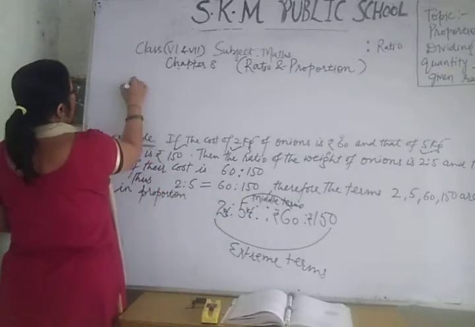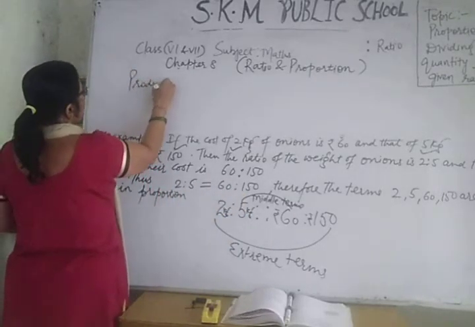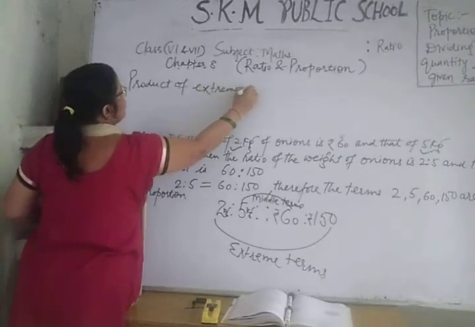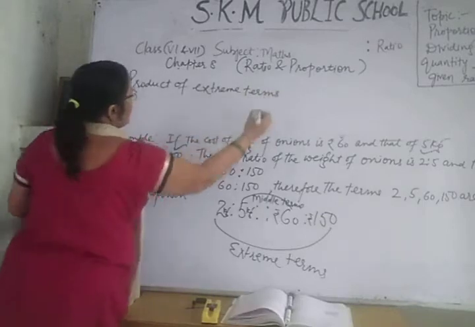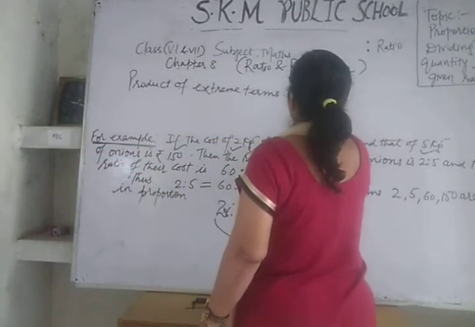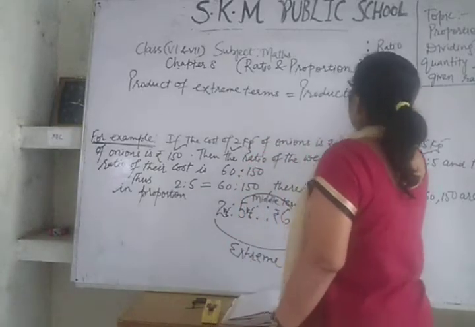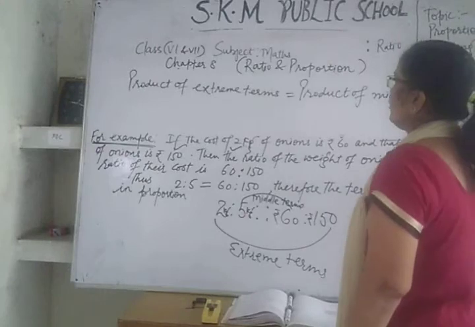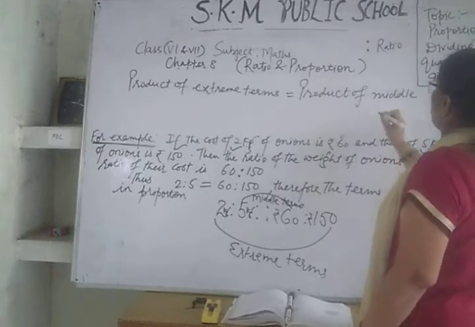If the product of extreme terms is equal to the product of middle terms, then the given set of 2 ratios is in proportion.